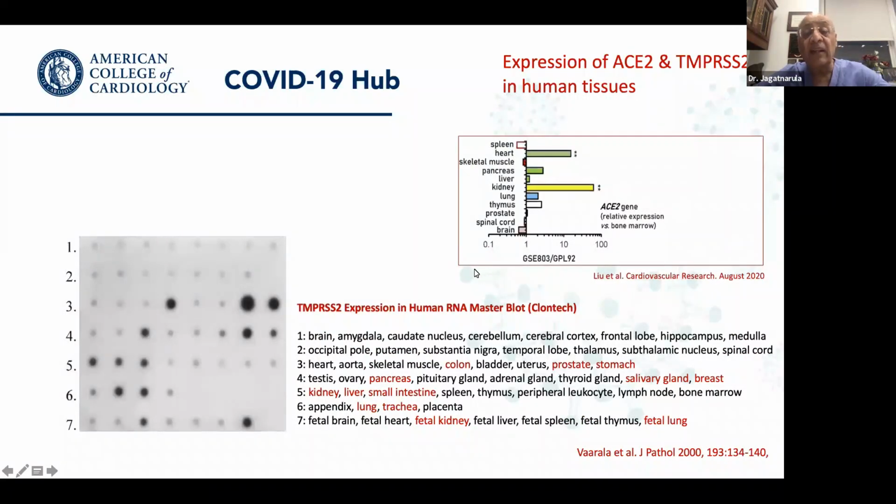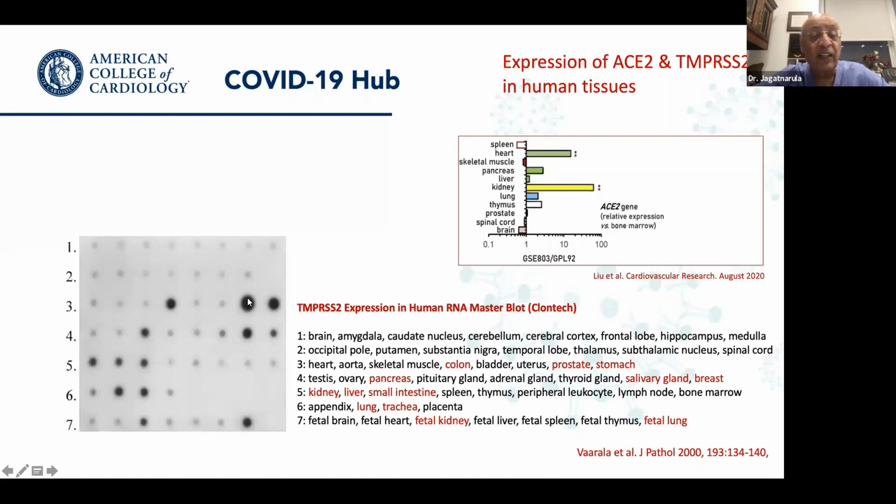In this RNA master plot, you can clearly see that ACE2 is significantly high, as you can see here by the green bar in the heart. But when you look at the TMPRSS2 expression, as you can see in row 3, which is the heart, aorta, and skeletal muscle, there is hardly any expression of TMPRSS2, while in the colon, it is present to a significant extent, and also in the prostate and stomach.